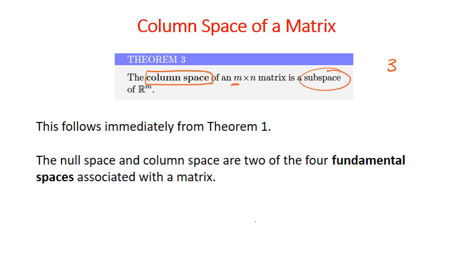So if you have a 3x4 matrix, the column space is a subspace of R3. The null space and column space are two of the four fundamental spaces that we will talk about associated with a matrix. So let's see this in action.